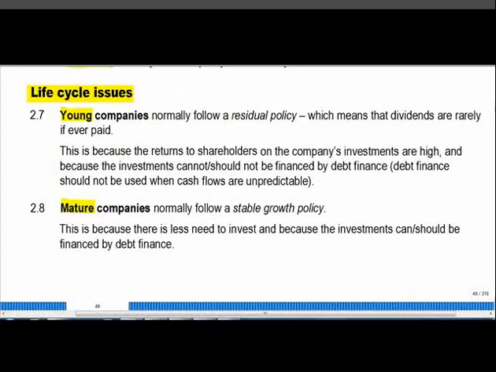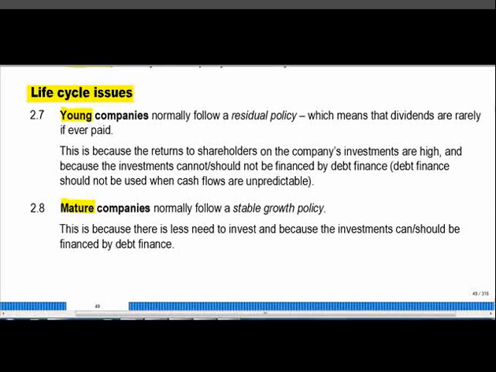Because the theory isn't very helpful here, it's more helpful in the exam to think about the life cycle stage that the company you're talking about is in. If the company is young, then you would normally envisage that it had many different investment options, lots of projects it wants to invest in and should invest in. And so much like Ryanair, you'd expect it to follow a residual policy and put the investment decision first.